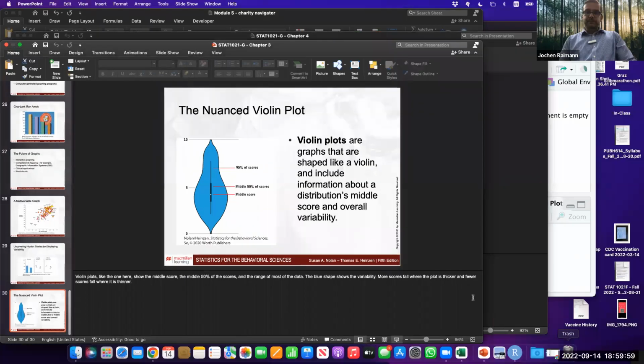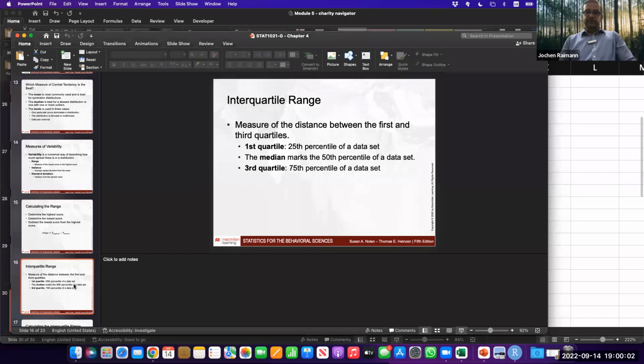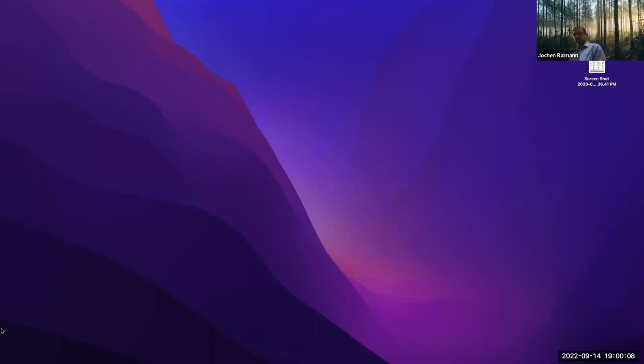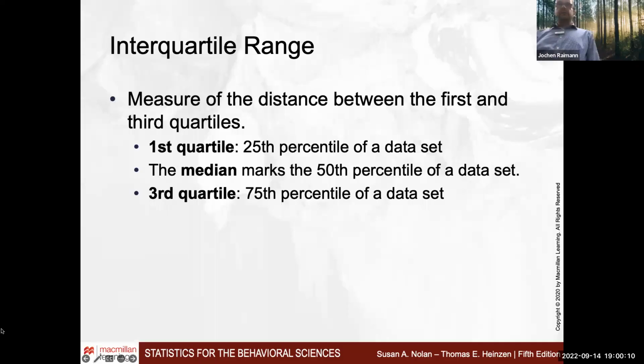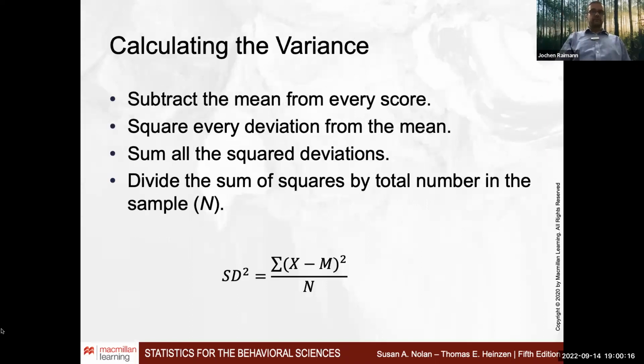Now it's getting a little trickier because we're coming to the last set of metrics for variability. We're talking now about the variance and the standard deviation. Variance and standard deviation are related to each other.